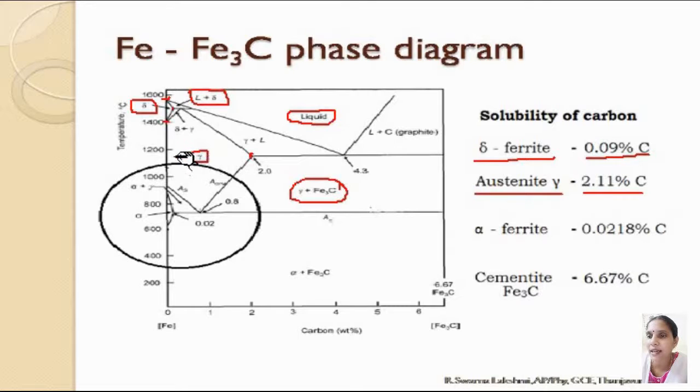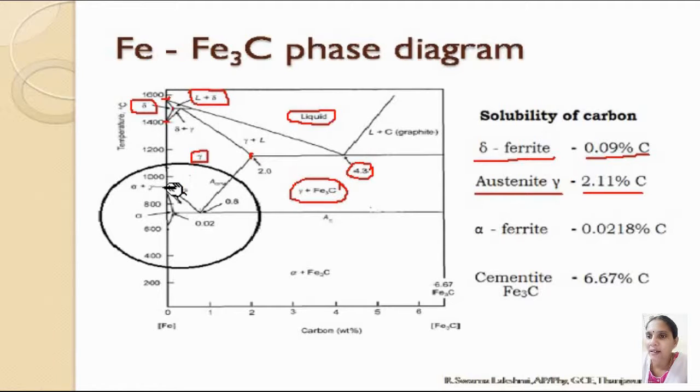The eutectic line lies at 1150 degrees centigrade and the eutectic point corresponds to a composition of 4.3 weight% carbon. All these occur at very high temperature.